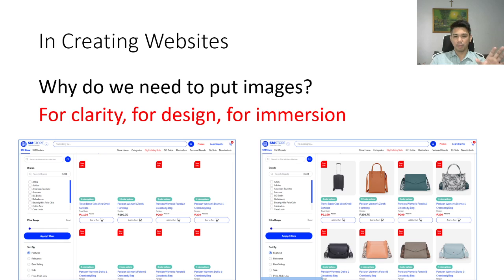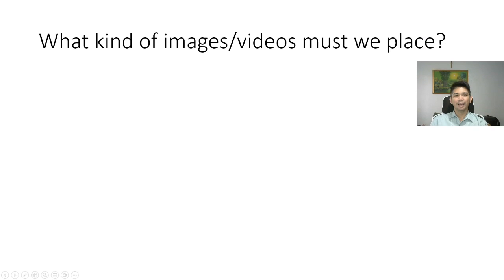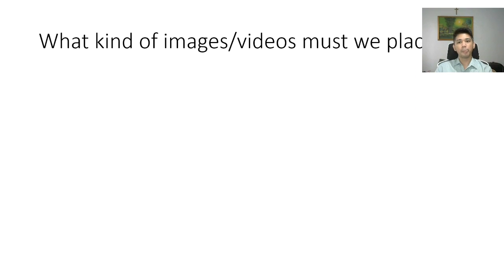They will see the product immediately, and they might find the product more interesting if they are able to visualize it. So again, going back, the next question that we should ask is, what kinds of images or videos must we place in our websites?